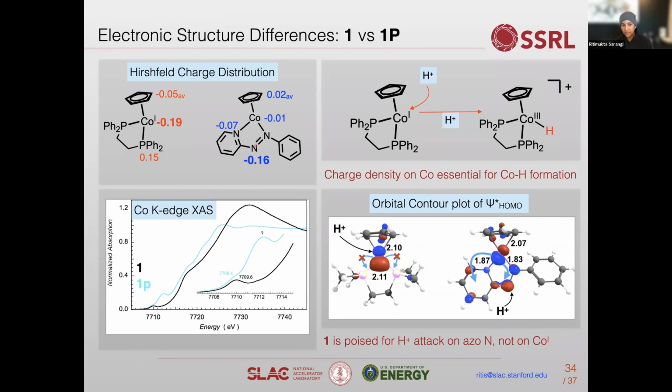But in this other ligand system, the spin distribution is completely distributed on the whole ligand, and the proton then goes and grabs onto the nitrogen. And when we compare these two XAS spectra, they're plotted here, you can see this is reduced, cobalt-1 is reduced, and you do see the shift to lower energy of the rising edge. So this matches the Hirshfeld charge distribution.